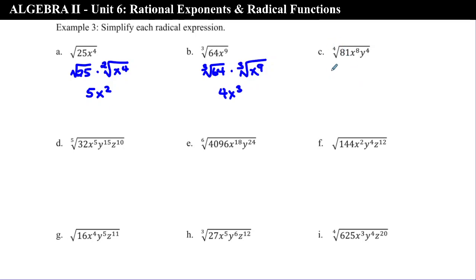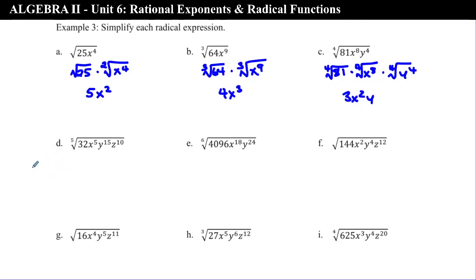For c, we have the 4th root of 81 times the 4th root of x to the 8th times the 4th root of y to the 4th. So the 4th root of 81 gives us 3. When we do 8 divided by 4, that gives us x squared. And then 4 divided by 4 gives us 1, so we have just y. Y to the 1st, we don't have to write the first power.